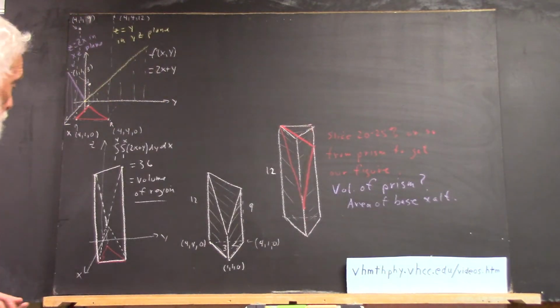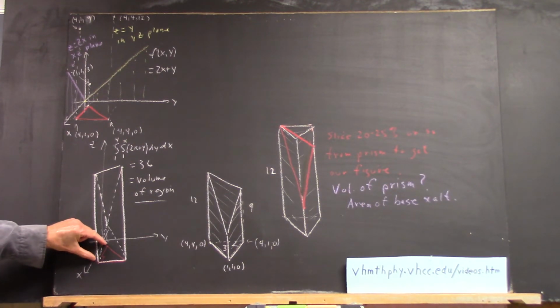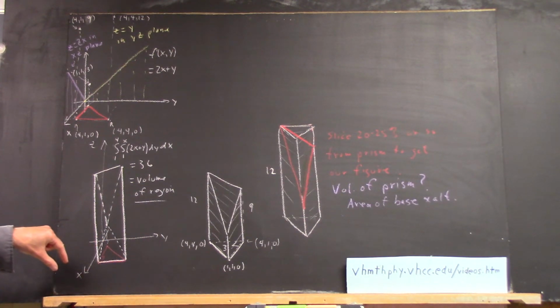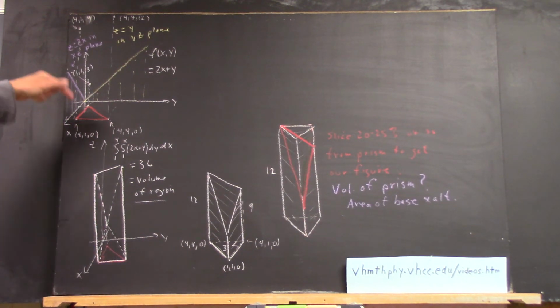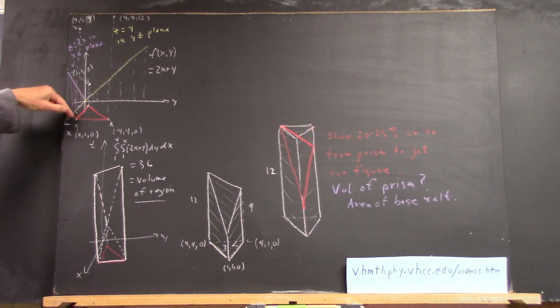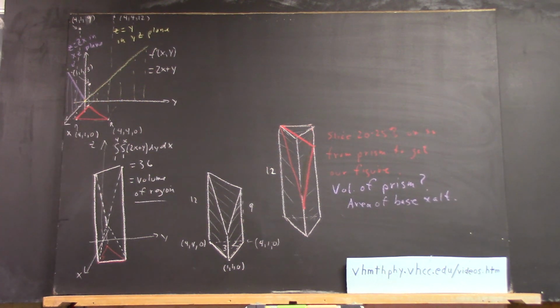The base is a triangle that has dimensions 3 by 3. Yeah, I mean, here's a right angle, right? It's a right triangle, 3 units from here to here, and it's 3 units from here to here, right? So it's half of a 3 by 3 square, so it has an area of 4.5, right? Okay?